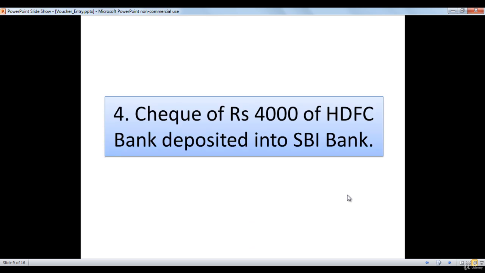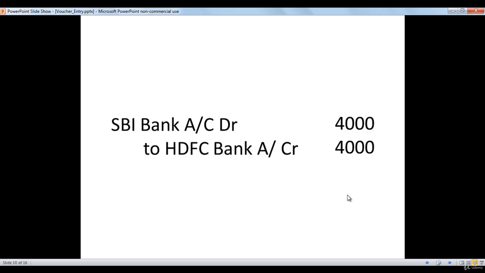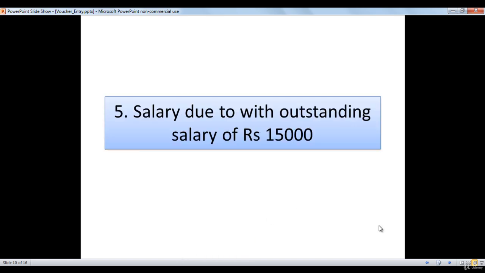Now the next statement is check of rupees 4,000 of HDFC Bank deposited into SBI Bank. Again the transaction has happened within the company within two different accounts, from HDFC Bank account to SBI Bank account. Again it's an example of contra voucher, which is F4. Let's go to the next statement.